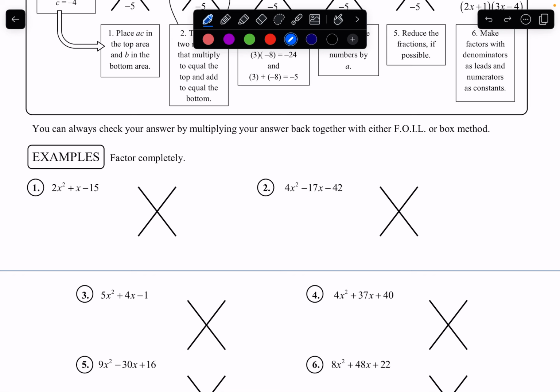So the method that I use is we're going to kind of cheat a little bit. Normally, I would put -15 on top, but I can't because of this number in front. So what I'm going to do is take that number in front of the x squared and multiply it by the -15, and I'm going to get -30.